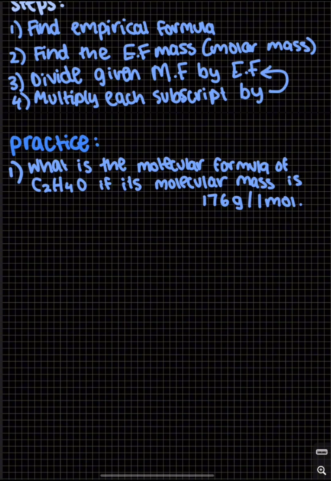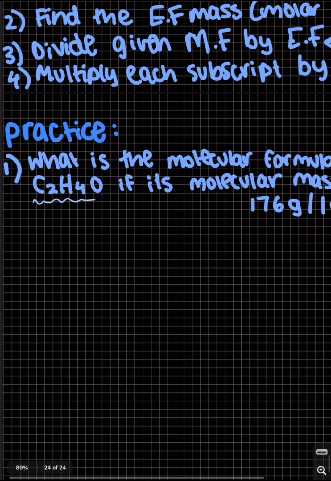Question 1. What is the molecular formula of C2H4O if its molecular mass is 176 grams per 1 mole? Okay, our first step is to find the empirical formula, and that was already given. Great, we just saved a step. Next, let's find the empirical formula mass, or molar mass.